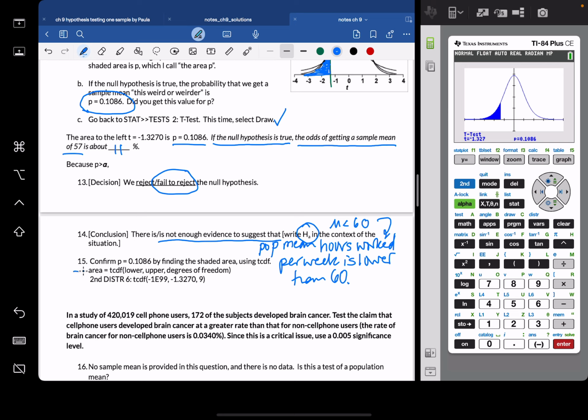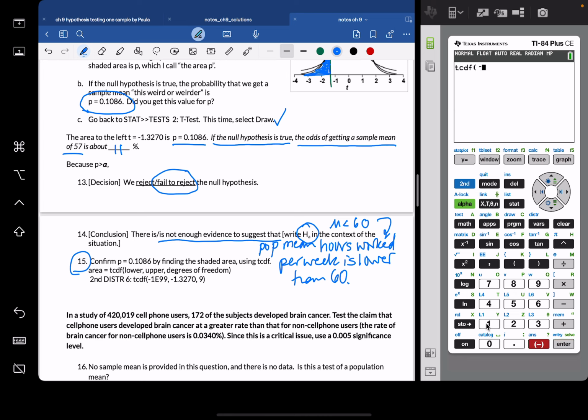The last thing I wanted you to do for this problem is to confirm that p-value using TCDF. Again, because the TI-83 can't do this, I am not likely to put this on the test itself. So you might need to understand that we're using the t-distribution and why, but I won't be actually asking you to do this. Second distribution, TCDF.